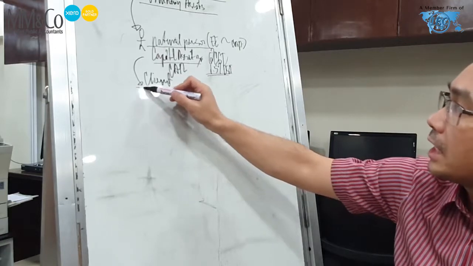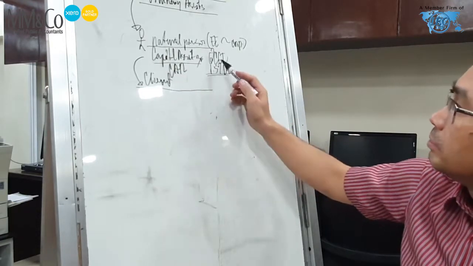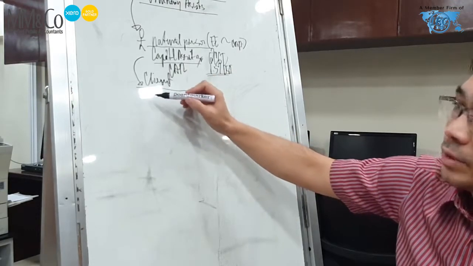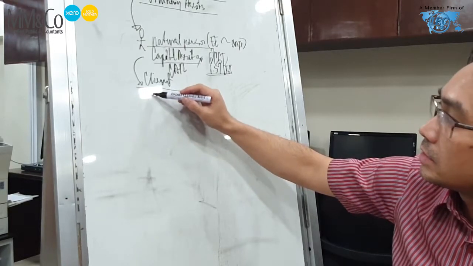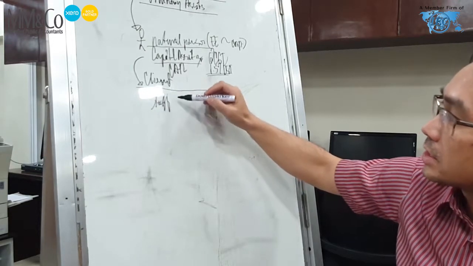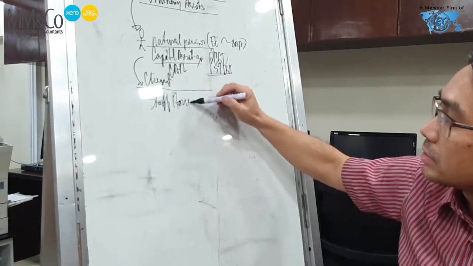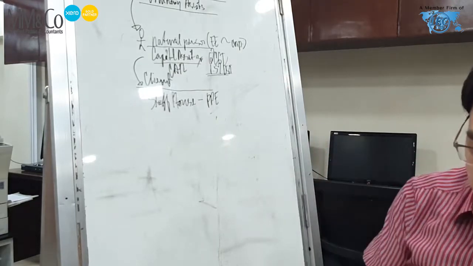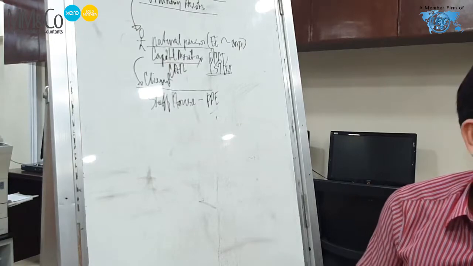So this is now our client. You're saying that our client, when it was sold to him, the title has been passed to our client. What happens now is our client uses this for a staff house. Right? A staff house. So if it's a staff house, it's PPE. It is not an investment property.